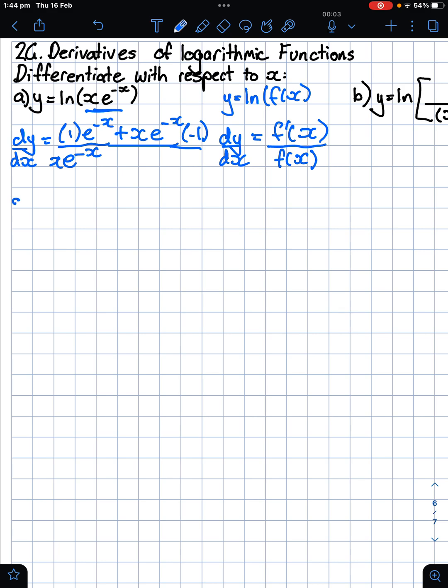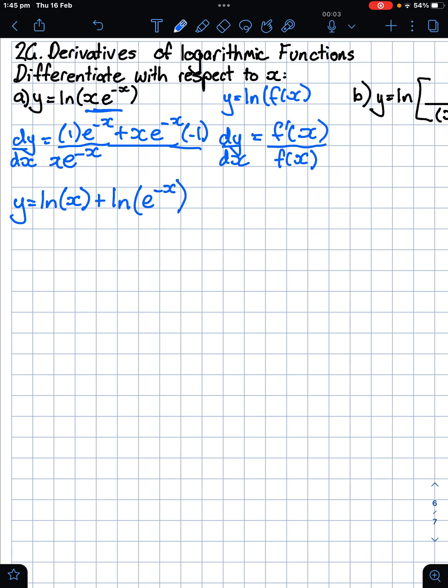Instead of doing that, what can make this a really simple problem that we can go through methodically is to apply the log laws here. So we've got y equals the natural logarithm of x e to the negative x. These are multiplied together, which gives us one of our log laws: logarithm of x plus logarithm of e to the negative x.